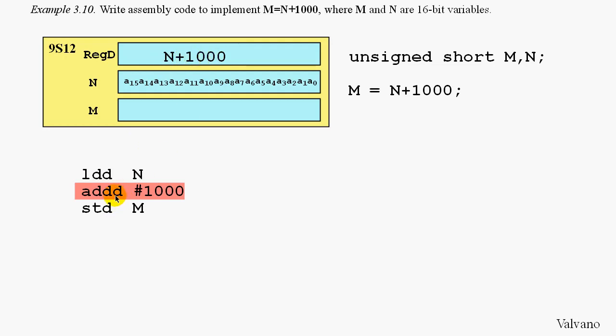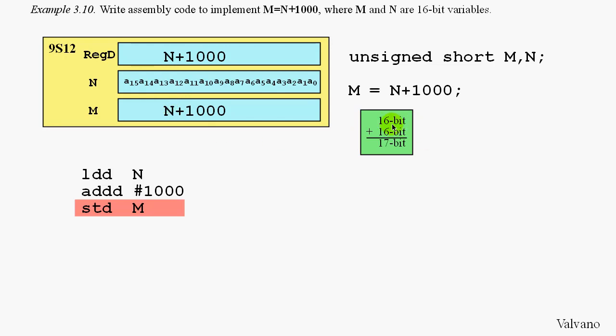Again, we've selected register D because it's 16 bits and we're doing a 16-bit operation. And the last step is to store the result into the memory location m. We are done. m is now equal to n plus 1000.